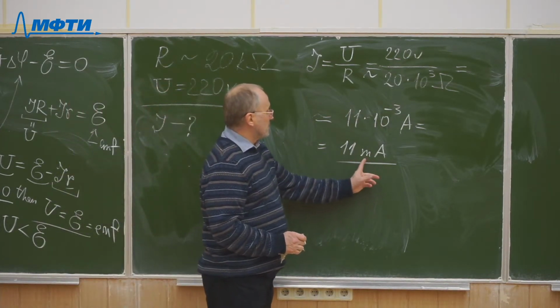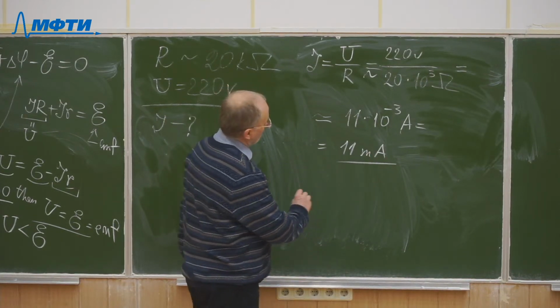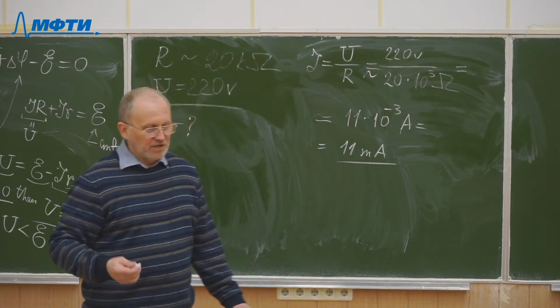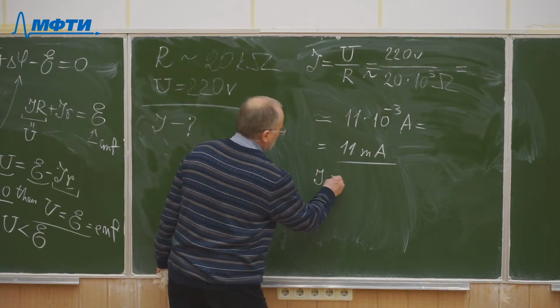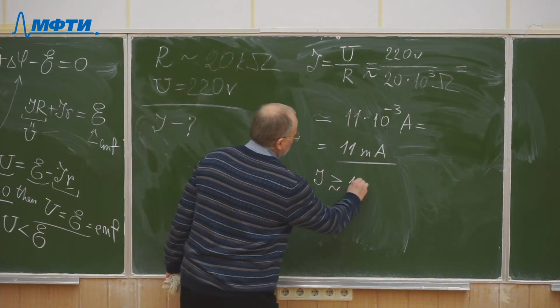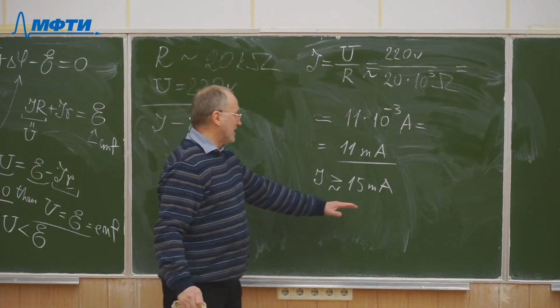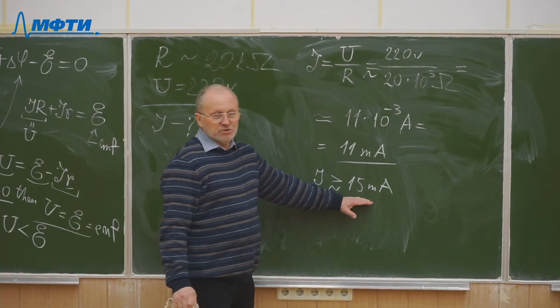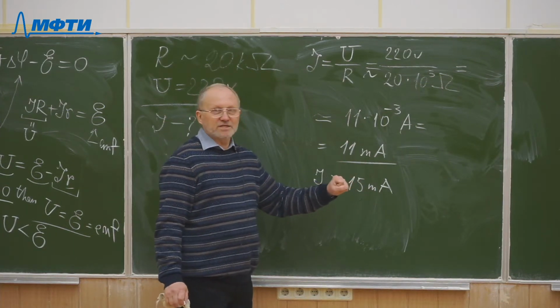This seems to be a small current, just a few milliamperes, but it should be said here that experimentally it's known that if a current flowing through a person is larger or about 15 milliamperes, then the person is unable to release the grip on the electric cable.